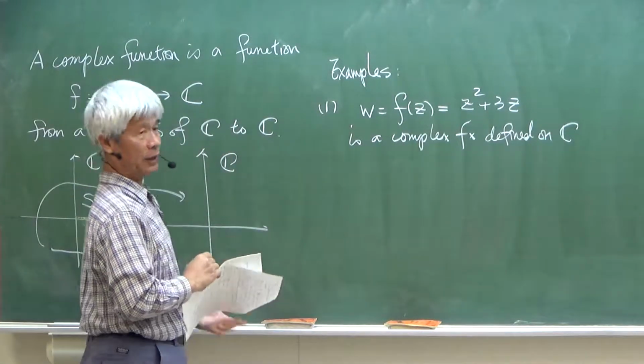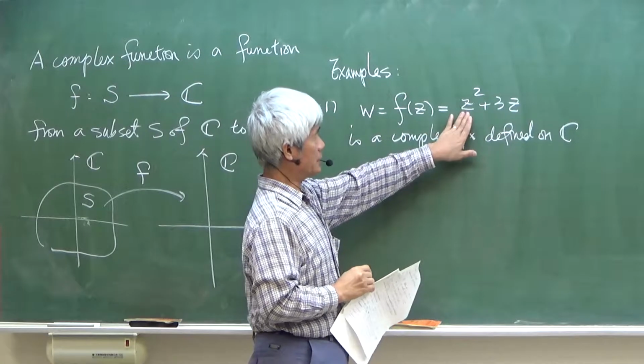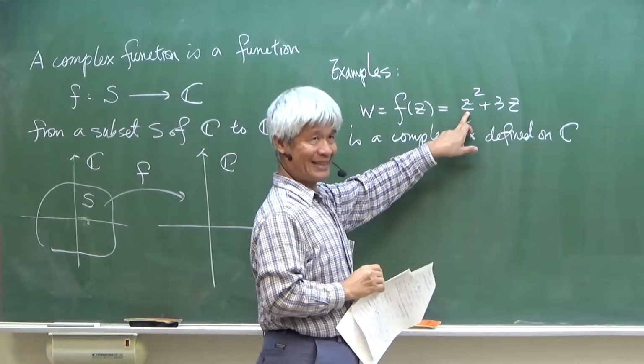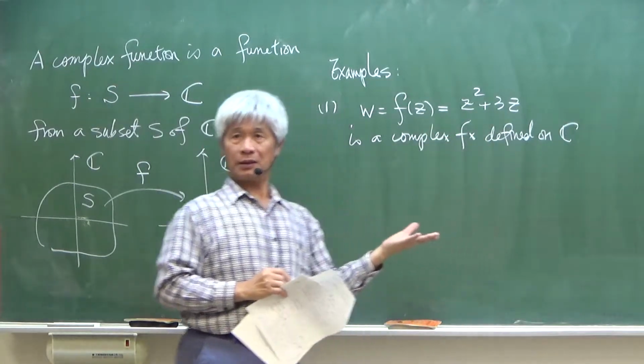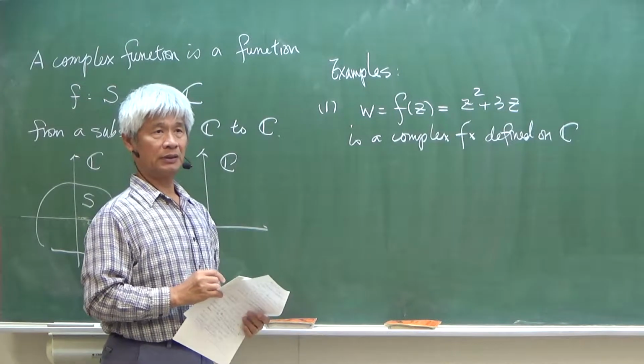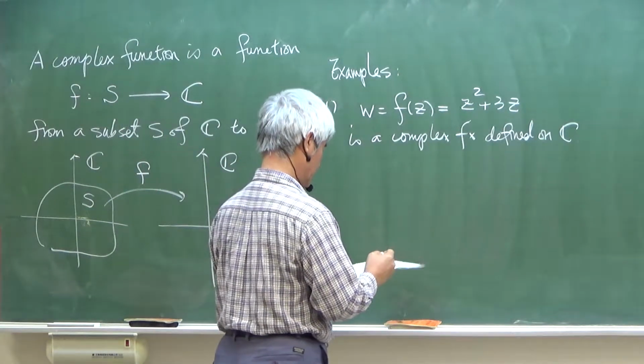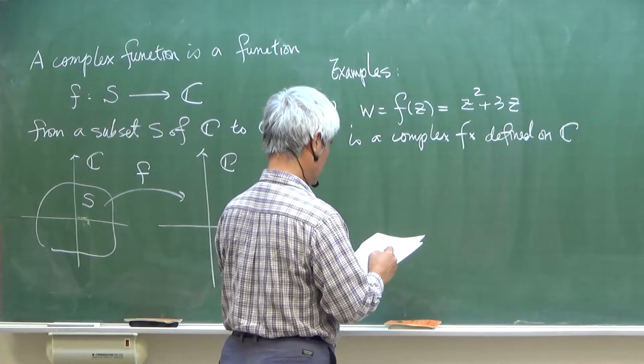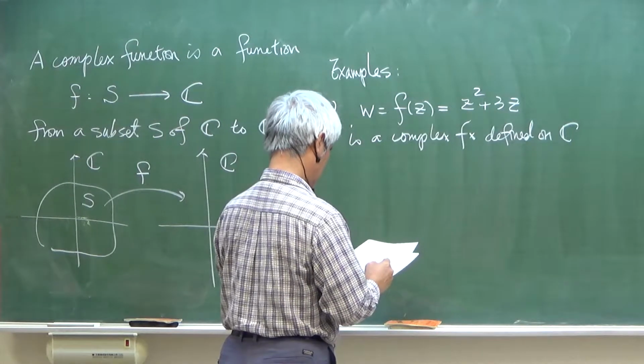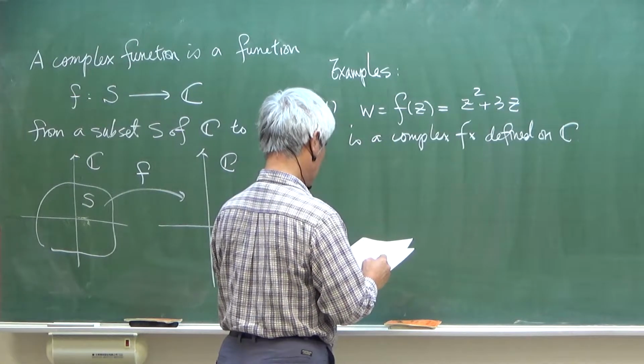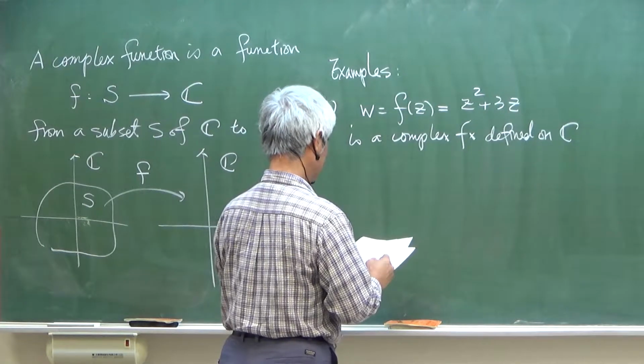This is quite obvious because when you put any complex number as Z, you will find a specific value. That would not be any problem.